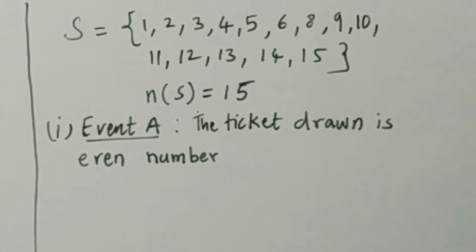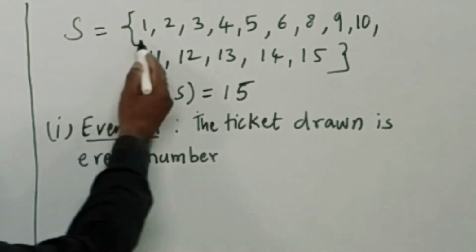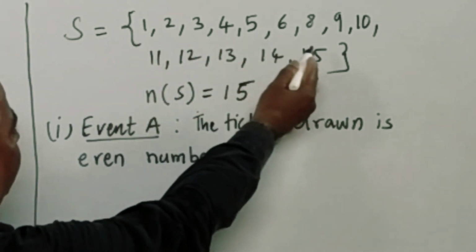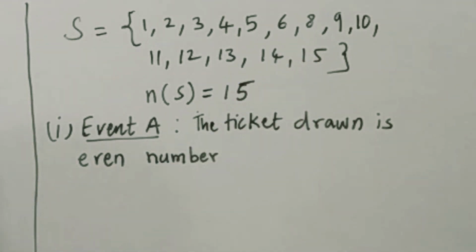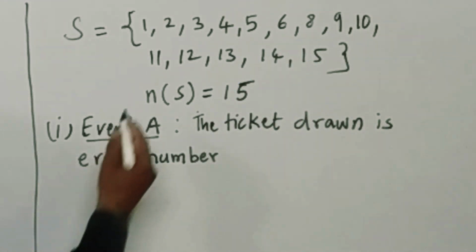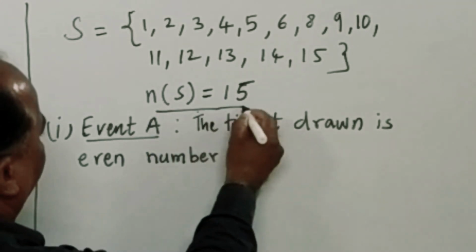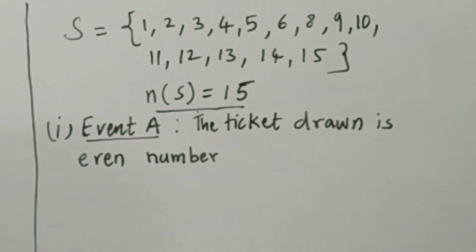So the sample space for the 15 tickets drawn from the numbers 1 to 15, S is equal to 1, 2, 3, 4, 5, 6, 7, 8, 9, 10, 11, 12, 13, 14, 15. So the total number of sample points NS is equal to 15.